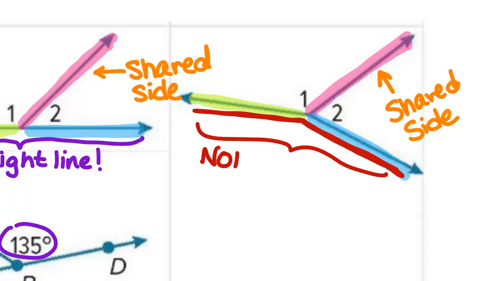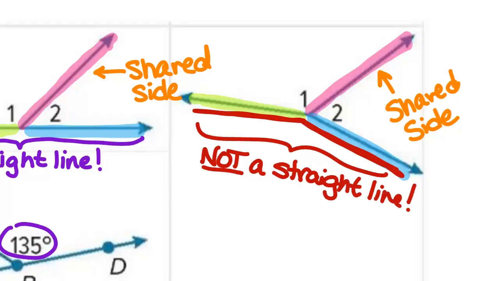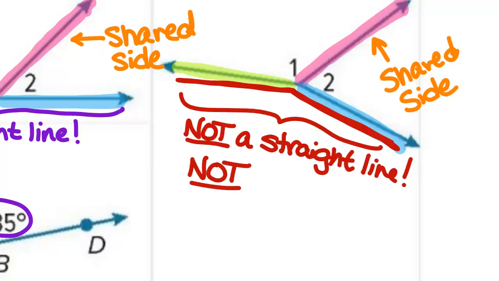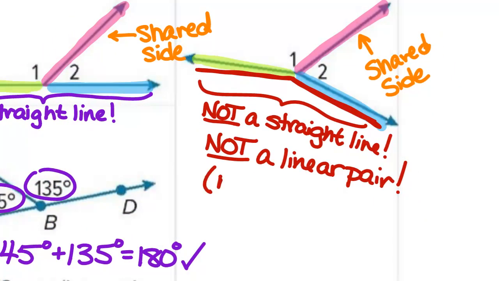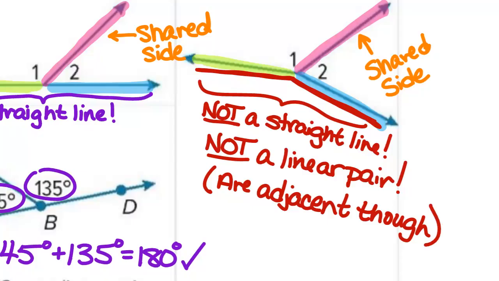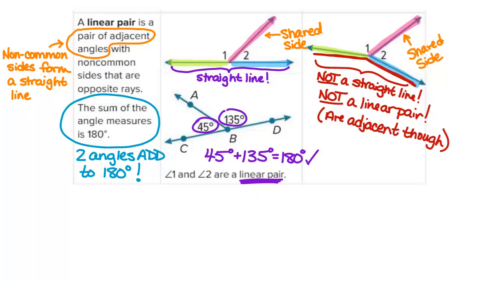This is not a straight line. So they are not a linear pair. They are adjacent though. Because of that shared side, they are adjacent. But because their non-common sides don't form a straight line, they're not a linear pair.